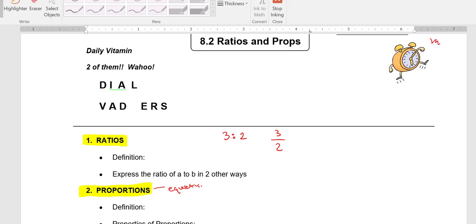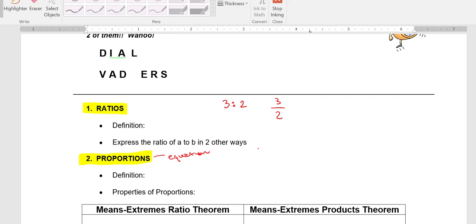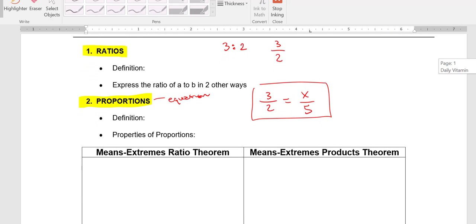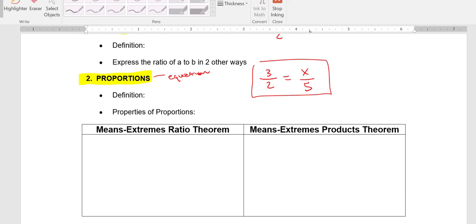So it's an equation made up of ratios. So when we're looking at proportions, it would be something like 3/2 equals x over 5. That would be a proportion. Okay, and we can solve proportions using some of the theorems that are down below.